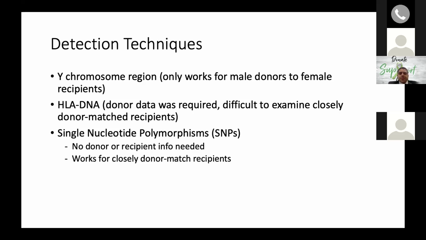The assumption was you would only be able to distinguish if the donor was male and the recipient was female. If the test only looks at the Y chromosome region, then female-to-female or male-to-male transplants will not be picked up. So that idea did not work very well.